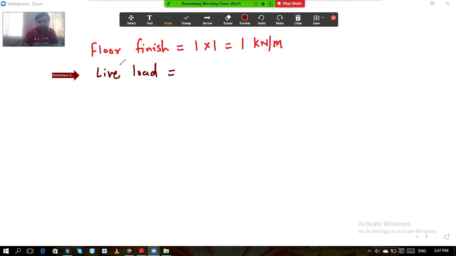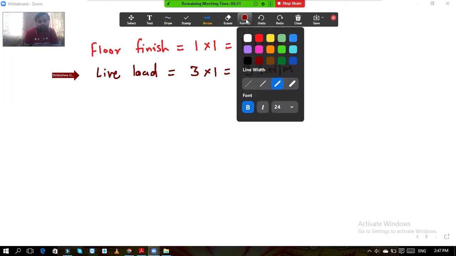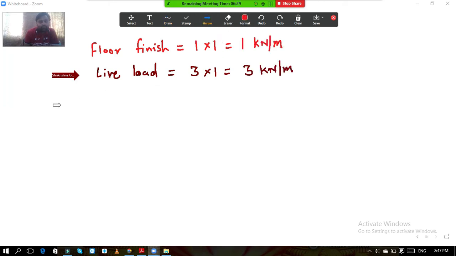It is given in the numerical, 3 kilonewton per meter square. So 3 into 1, 3 kilonewton per meter. So now the next thing is the total load.